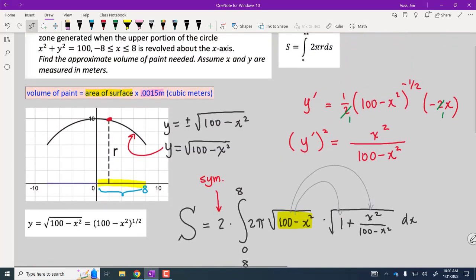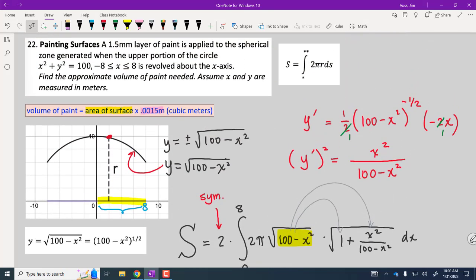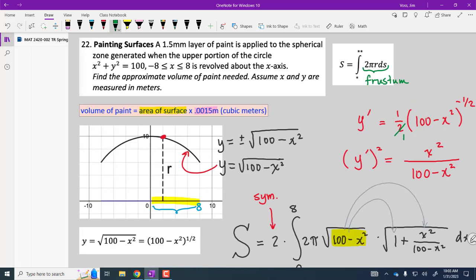And this is the area of a small frustum. So this right here is a frustum that's very small, right? The ds makes it very small. 2 pi r ds: circumference times slant height.